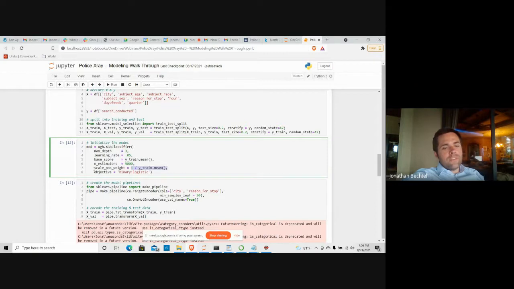Basically, if you remember, this is how much you want to penalize the model for misclassifying the minority class. And so the idea is taking the inverse of its average occurrence. Basically, we'll just give it equal weight to non-searches.